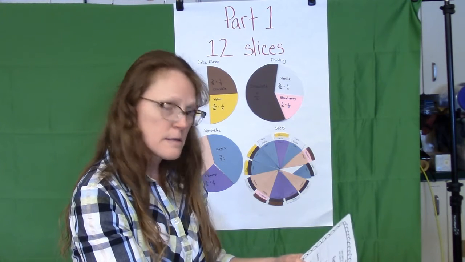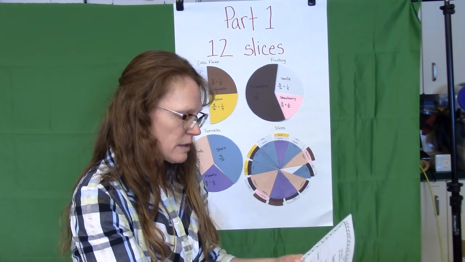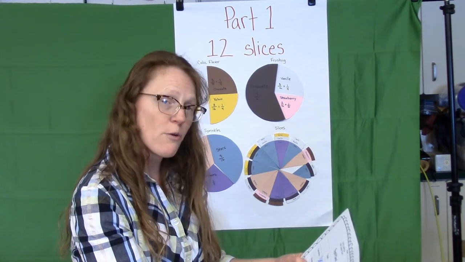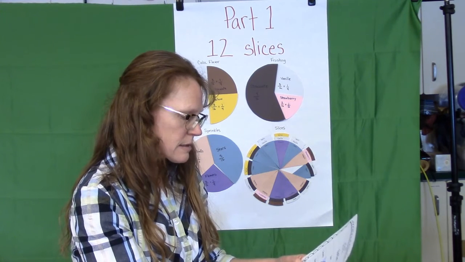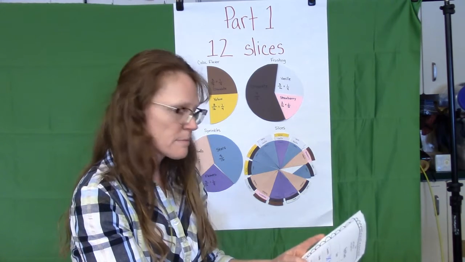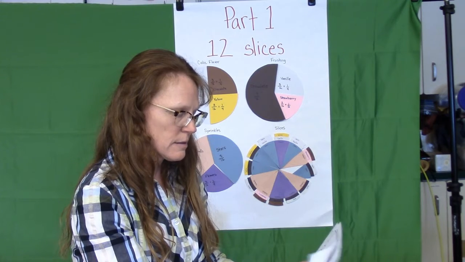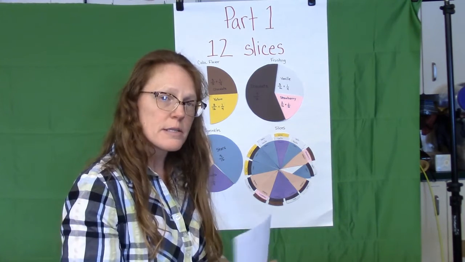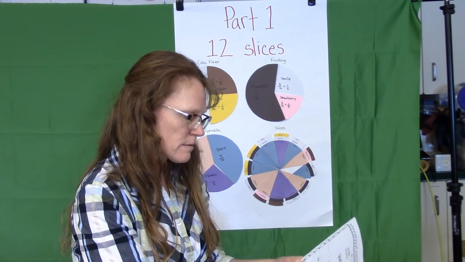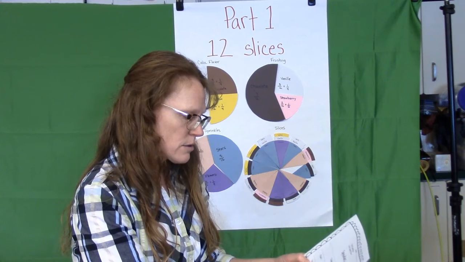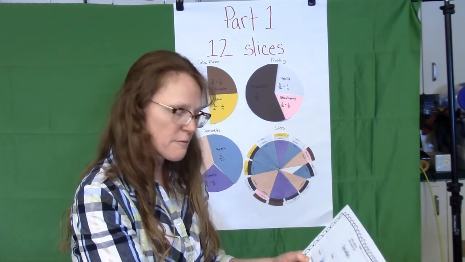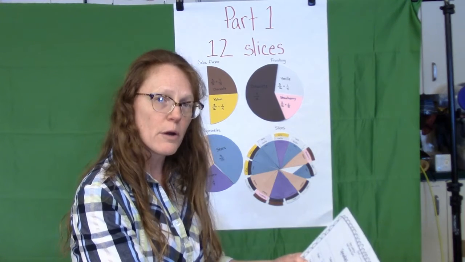Chocolate frosting, 7 12ths. Vanilla frosting, 1/4. Strawberry frosting, 1/6. And for sprinkles, the stars, you should have 5 12ths. Footballs, you should have 1/3. And flowers, you should have 1/4.